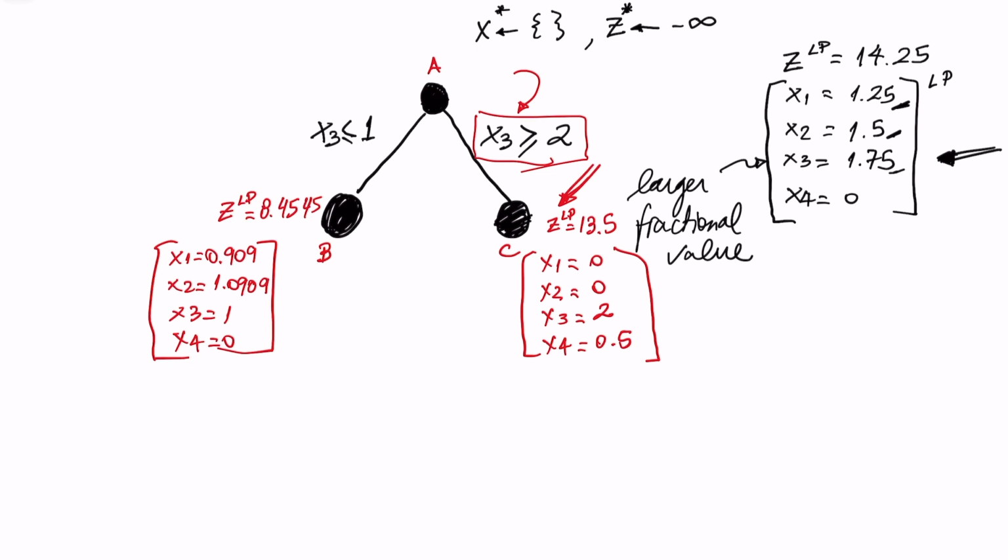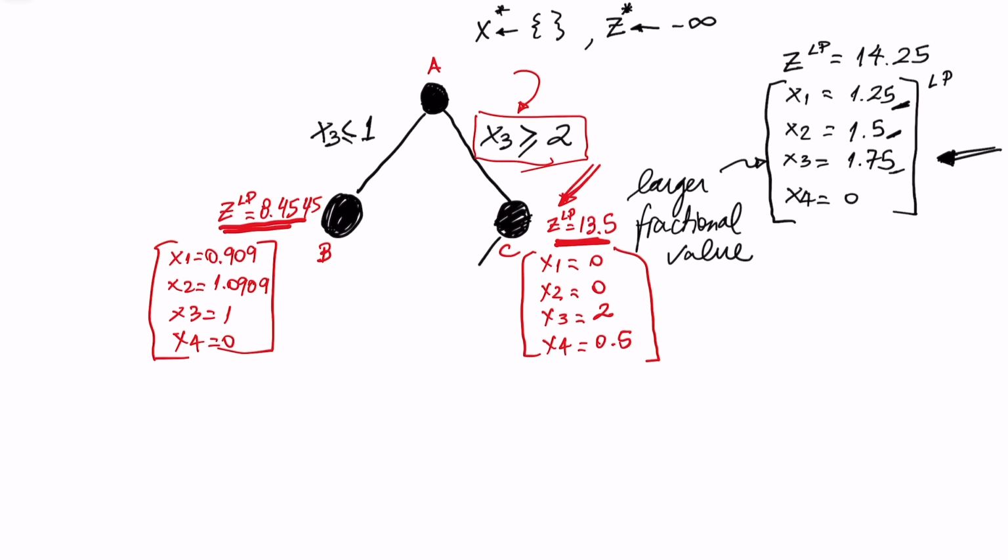However, the most promising path is through node C that gives us an LP relaxation value of 13.5, while the LP relaxation of node B gives us an optimal solution of 8.4545. So we're going to branch in this direction here, and we will continue, right?